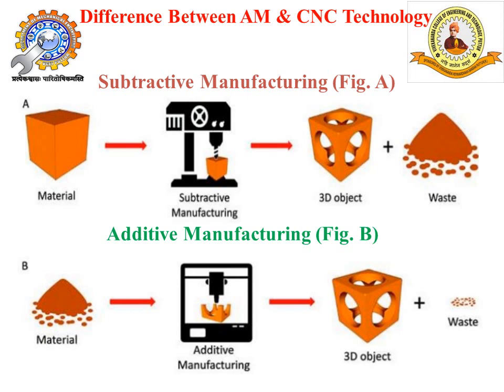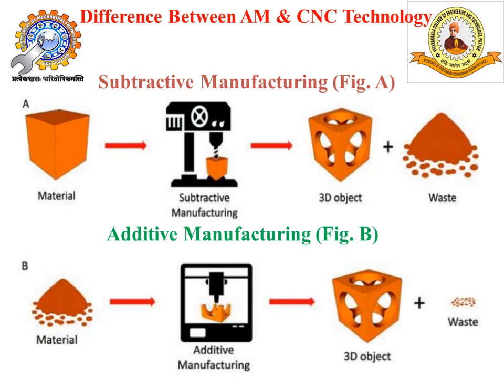Figure A represents CNC technology, wherein subtractive manufacturing happens. You see in the figure, a raw material is taken and it is processed under a machine following subtractive manufacturing. Then what happens?